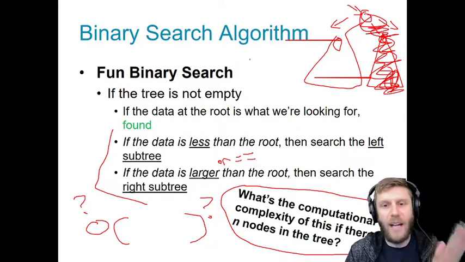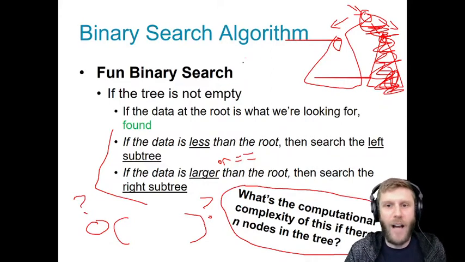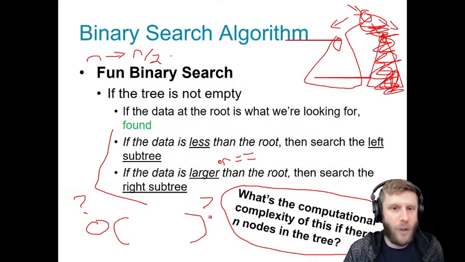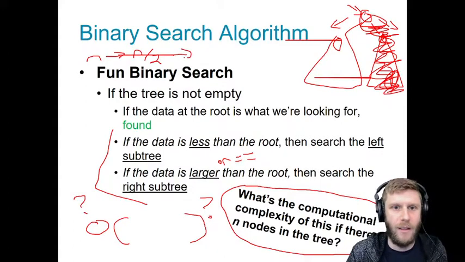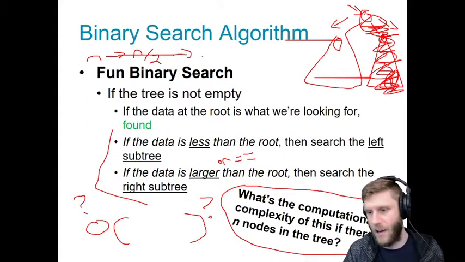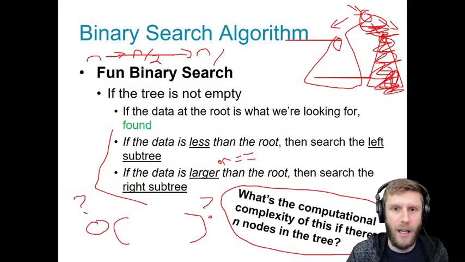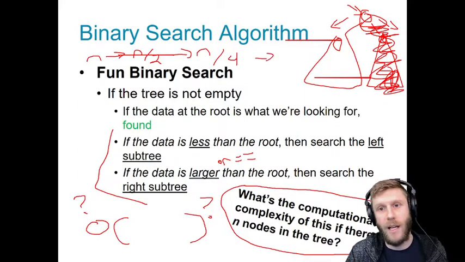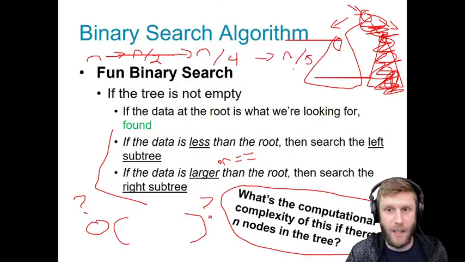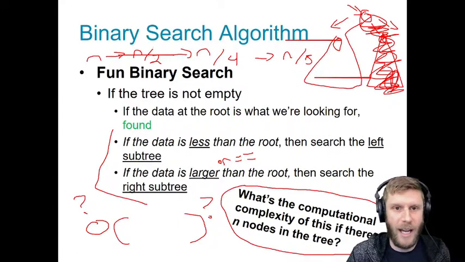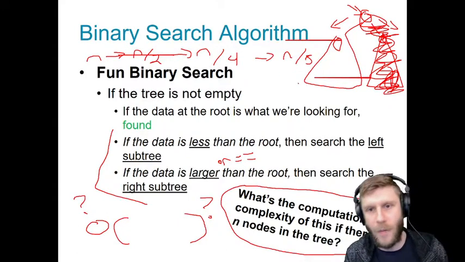So after making one decision, I've gone from n nodes I need to look at to roughly n over 2. And then after I do another decision to go left or right, n over 4. And then if we do that again, n over 8. And you might see the pattern. We're dividing by 2, dividing by 2, dividing by 2.